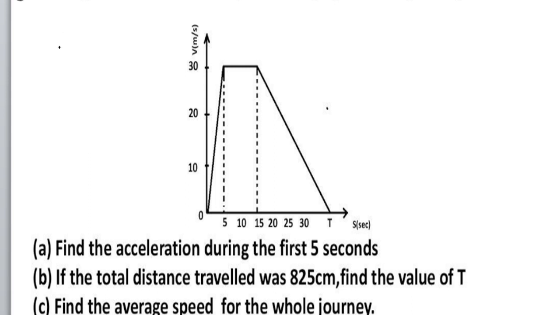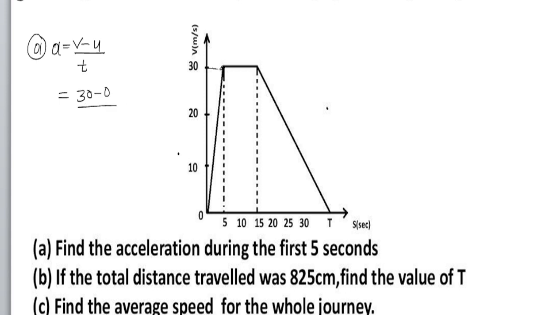So allow me to do A from here. Acceleration is given by the final velocity minus the initial velocity over time. So the final velocity is what? The final velocity is here, the highest number, which is 30. Then the initial velocity, it started at 0.